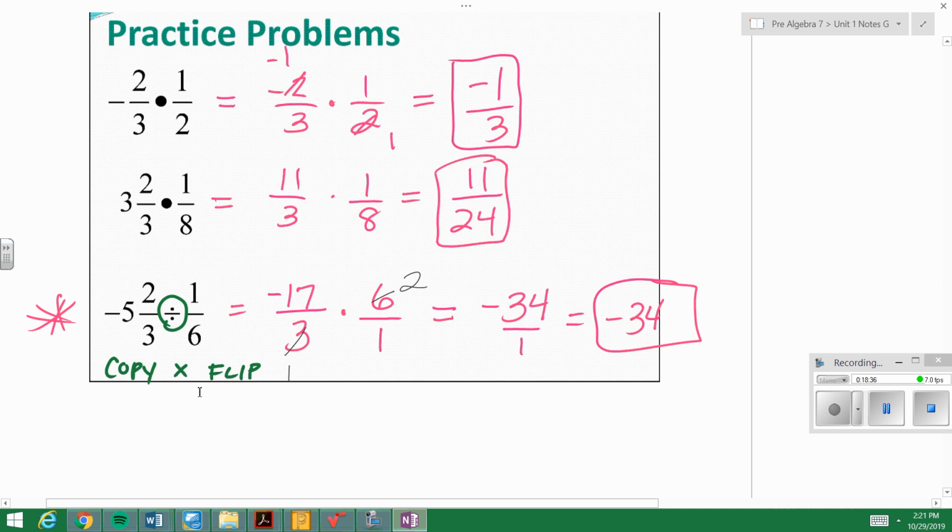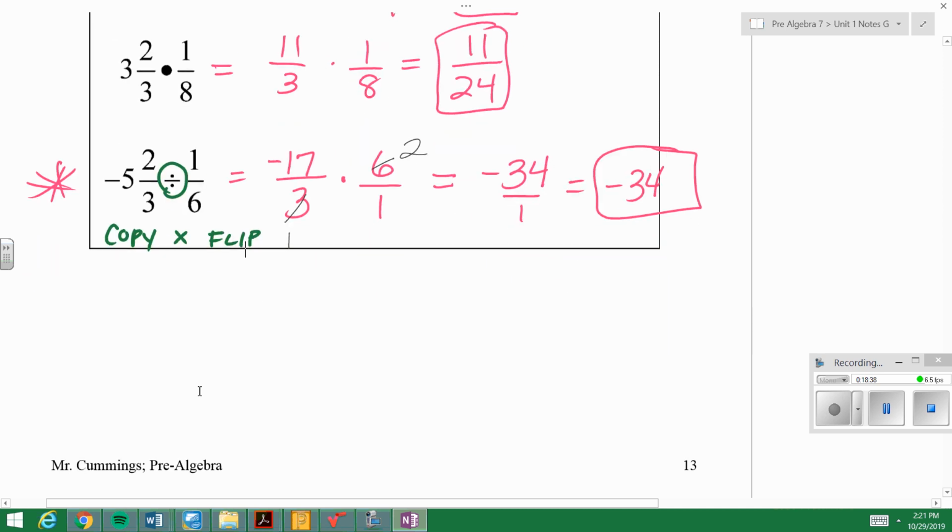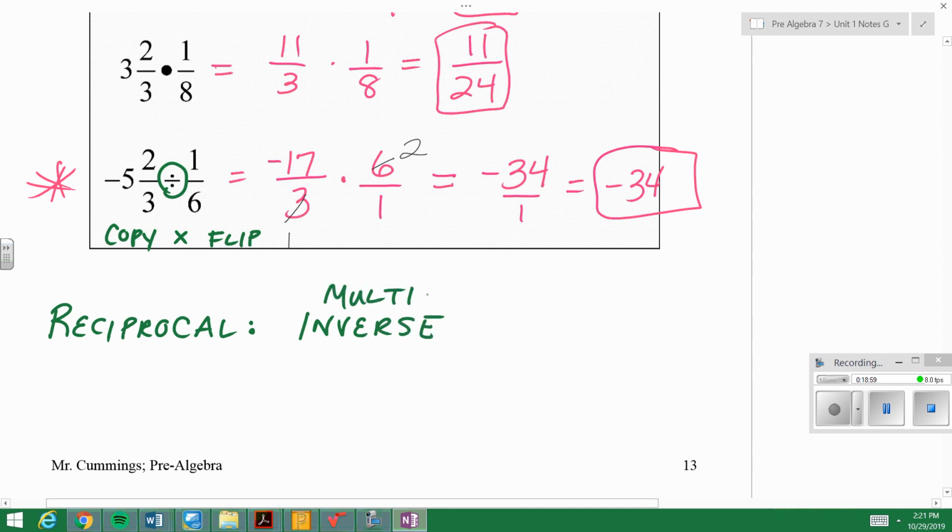So I didn't really do a good job defining what the word reciprocal was, okay? So if you want to write that down, that's a good math word. Reciprocal. So it is the multiplicative inverse of a fraction.